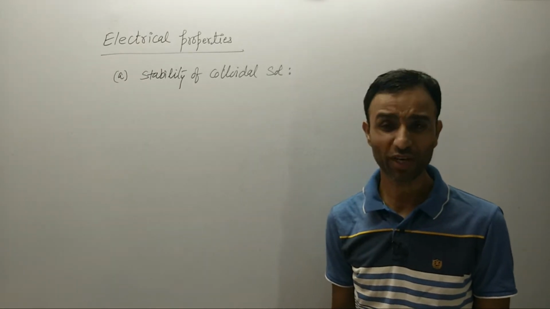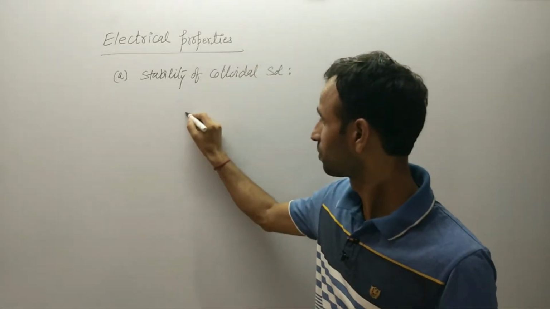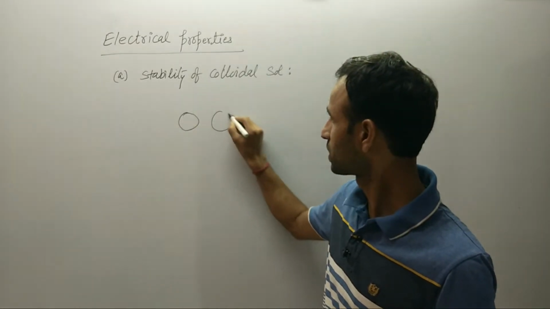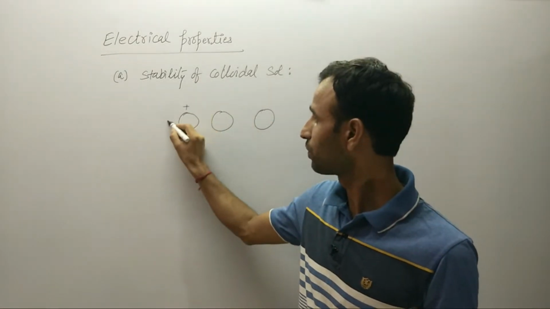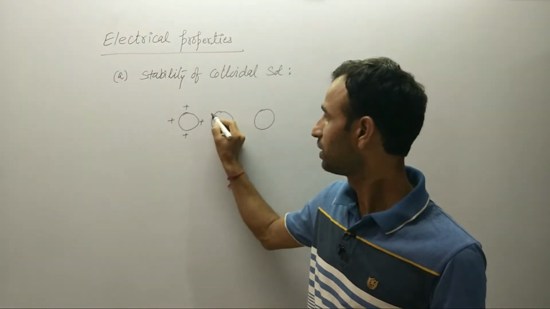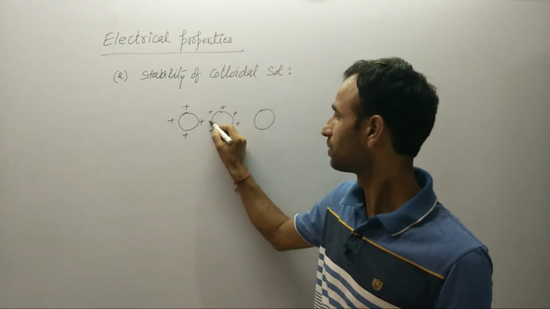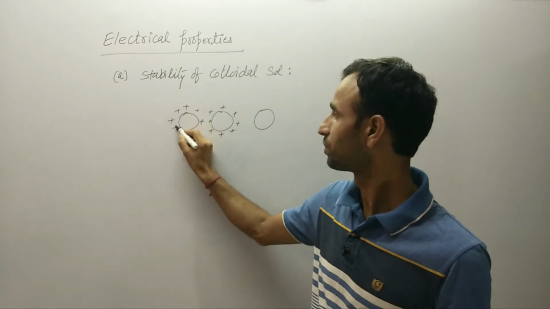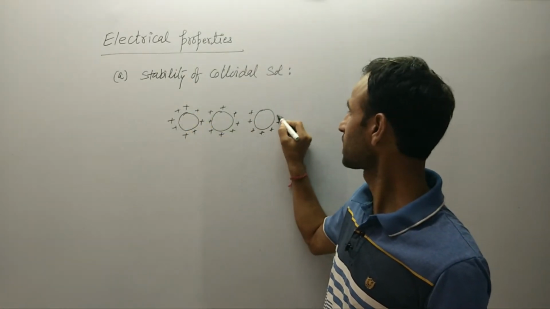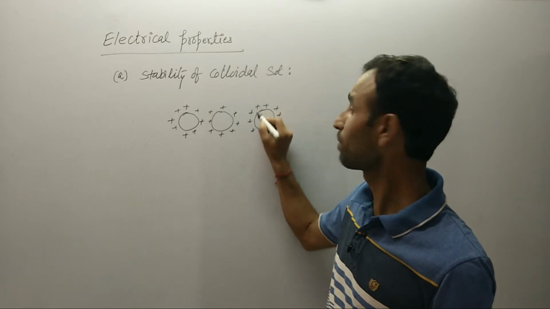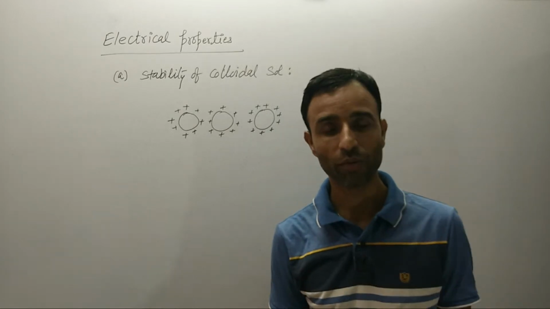How is it possible? That repulsion, actually when like charges are there, see, let us say these are the colloidal particles, and if there is a positive charge on the one, the same positive charge is on the other. So you know like charges repel each other, and whenever there is a repulsion, what do we say? That it is unstable because of repulsion.